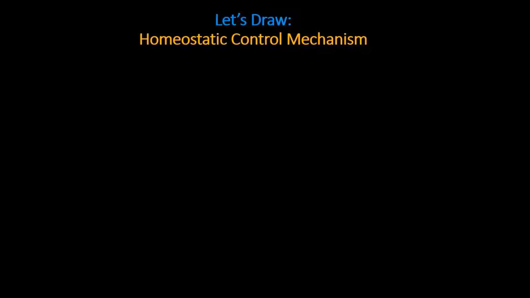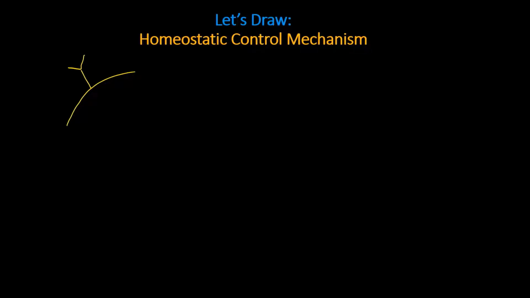Let's try to draw out a homeostatic control mechanism so we can see it better in our mind, both the three major components and some of the minor components. So let's try that real quick. Let's start with the three major components, if you can remember what they were. The first one was a receptor. So I've drawn a receptor here on a cell membrane. We see the receptor.